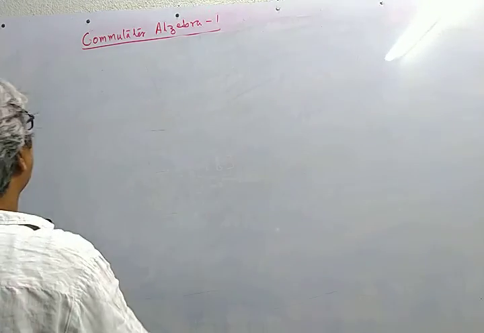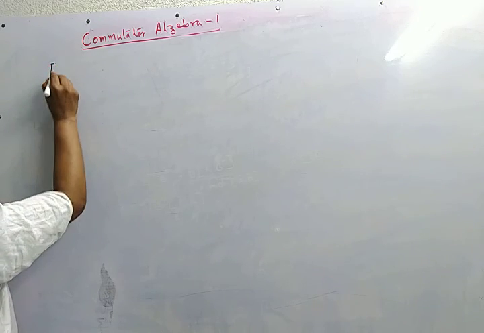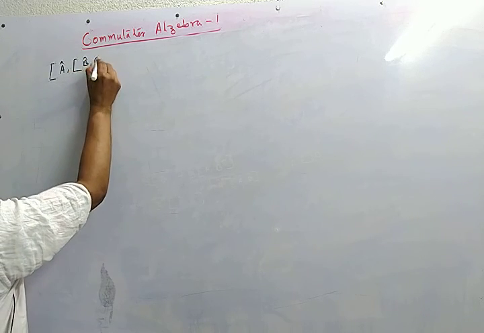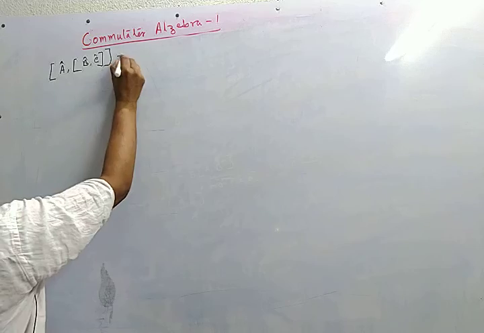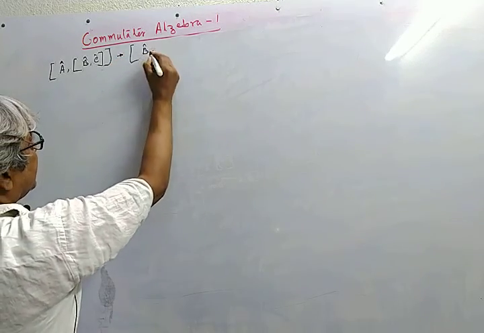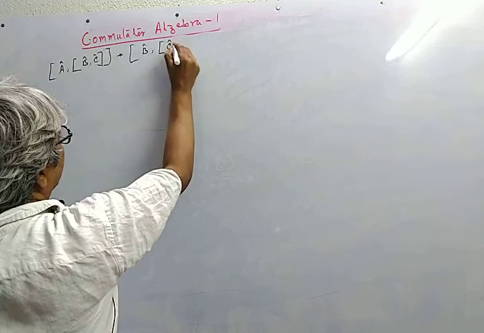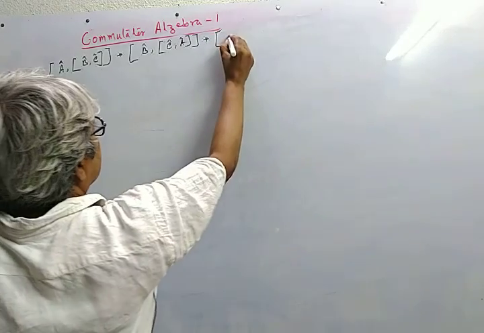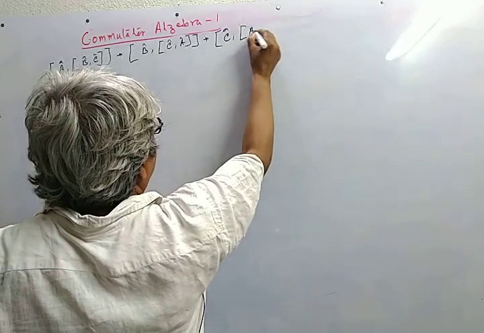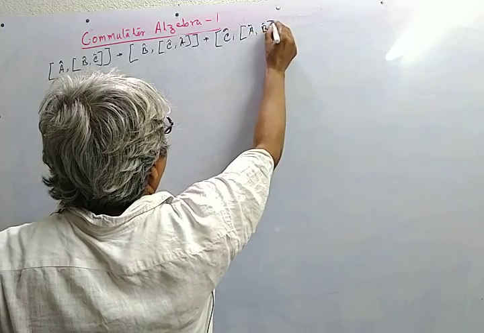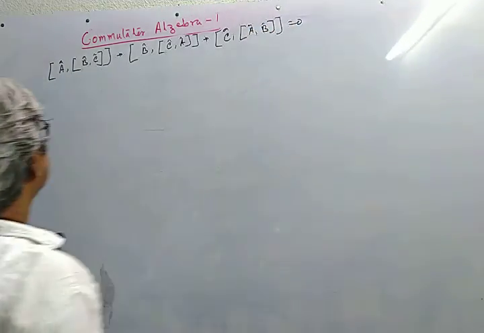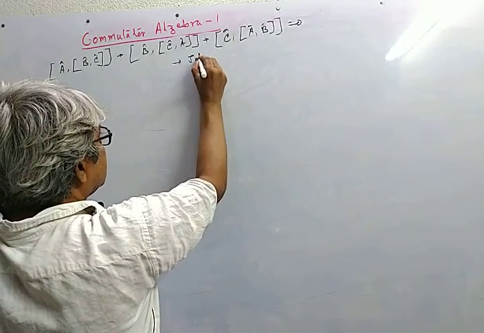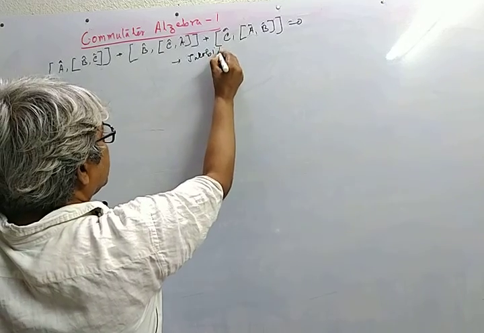We consider three operators A, B, C and consider the commutator of this form: A with the BC commutator, plus B with the CA commutator in cyclic order, then plus C with the AB commutator, and this is 0. This is known as Jacobi's identity.